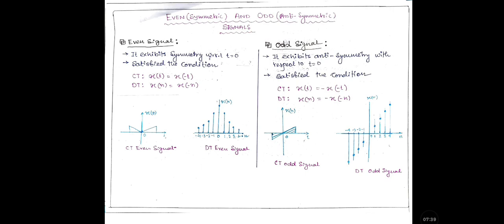An even signal exhibits symmetry with respect to t = 0 and satisfies the condition, for continuous time signals, x(t) = x(-t), and for discrete time signals, x[n] = x[-n]. This means this type of signal is symmetric with respect to t = 0.